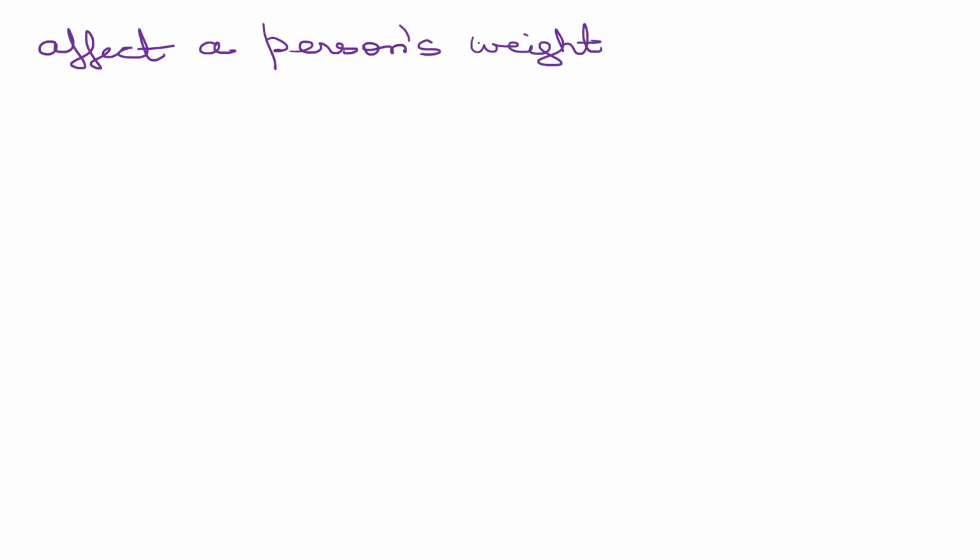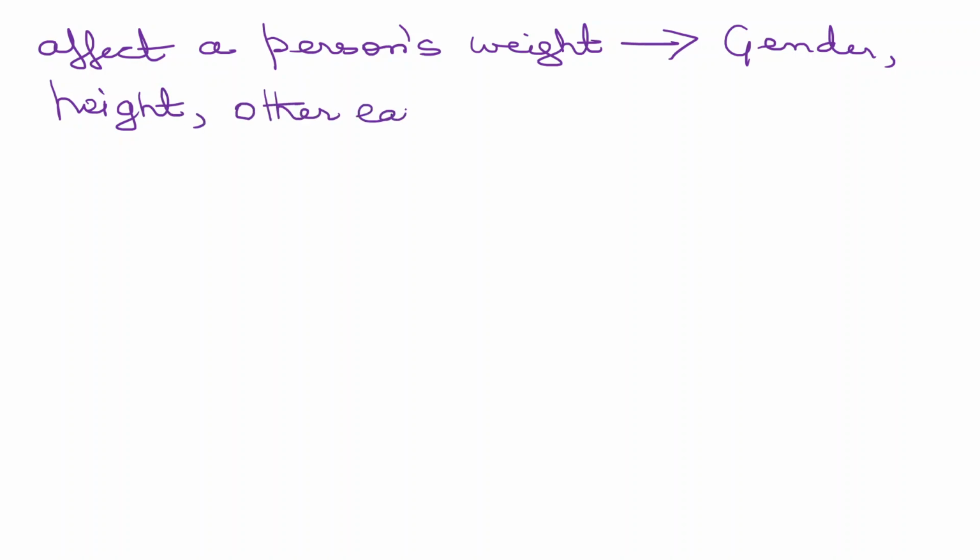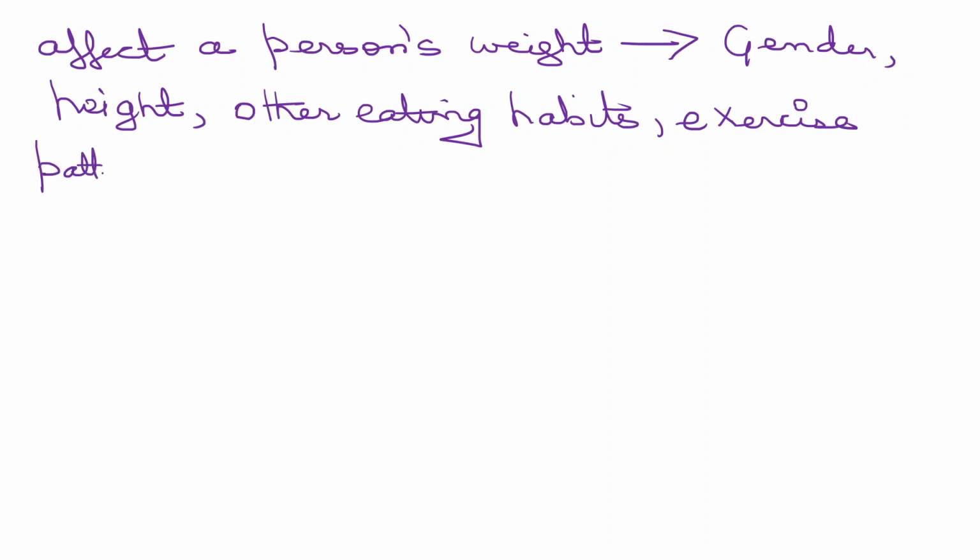For example, factors like a person's gender, height, other eating habits, exercise patterns, genetics, and so on.